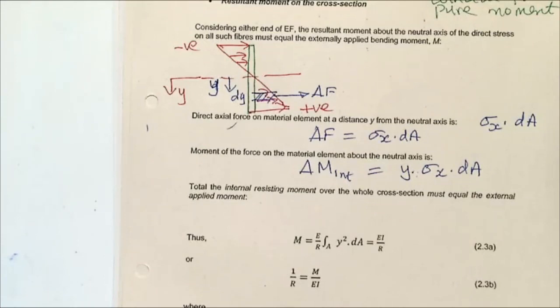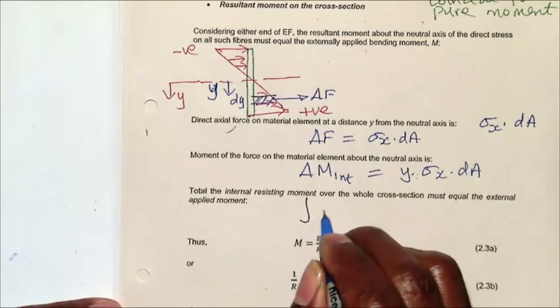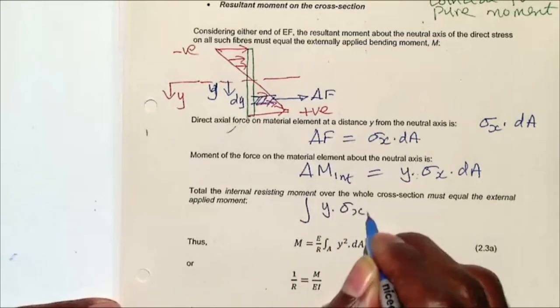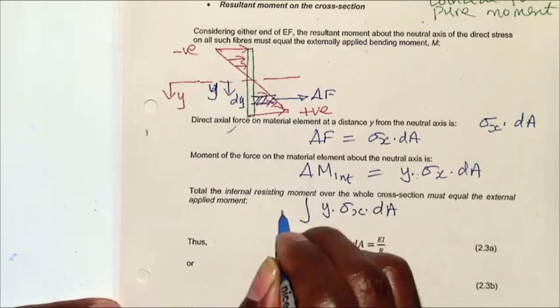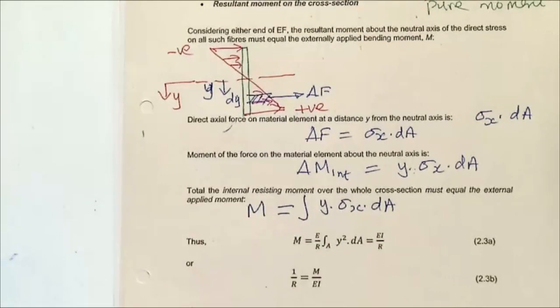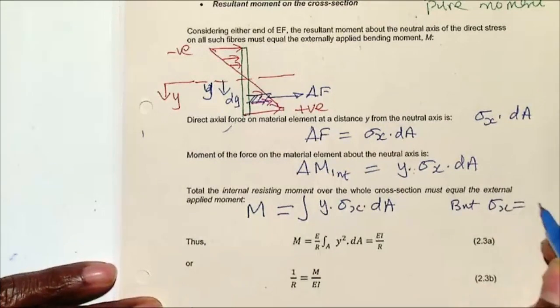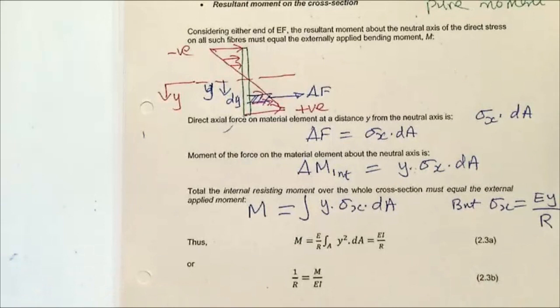So what we are now saying is that if we integrate y sigma x dA, it must equal whatever moment you are applying to that beam. We know what sigma x is. We've just shown that sigma x is E y over R. If we put that in, then we will end up with that.